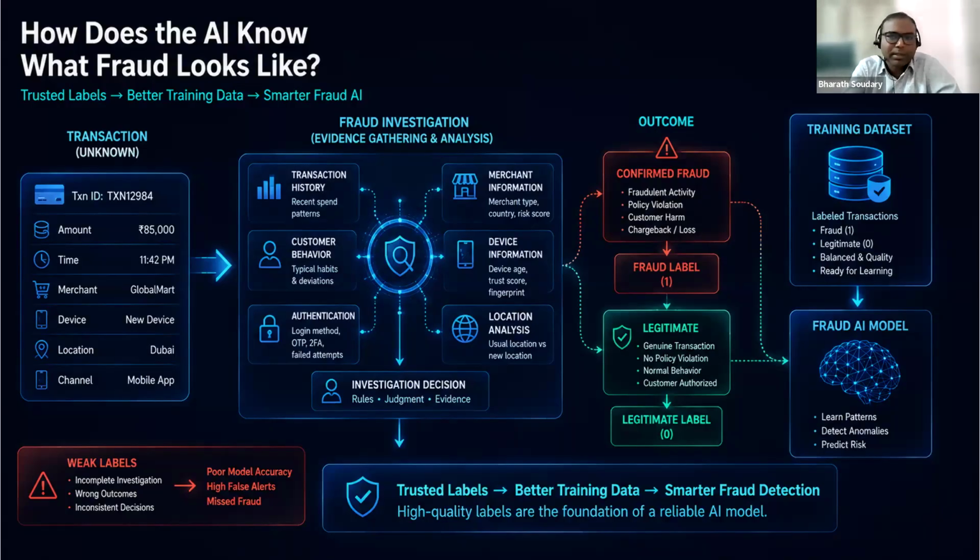If it is an unusual transfer, suddenly you are making a transaction of 10 lakhs when your regular transaction is about 5,000, that's where the AI system will say it could be a fraud transaction.